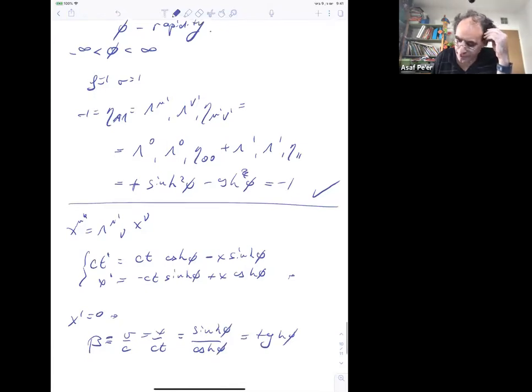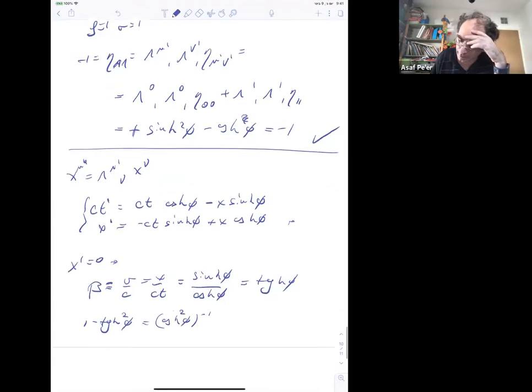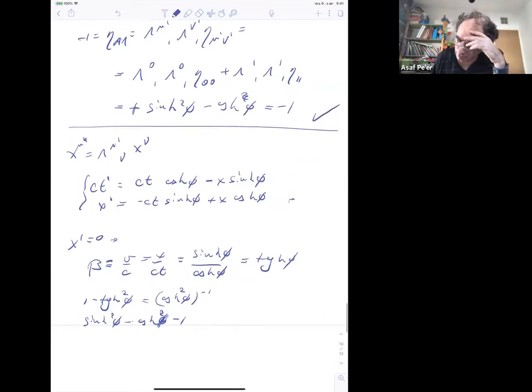Now I can simply use a few algebraic identities. So 1 minus tangent hyperbolicus of phi squared is just 1 over cosine hyperbolicus of phi squared. And then we already had that sine hyperbolicus of phi squared is just cosine hyperbolicus of phi squared minus 1.